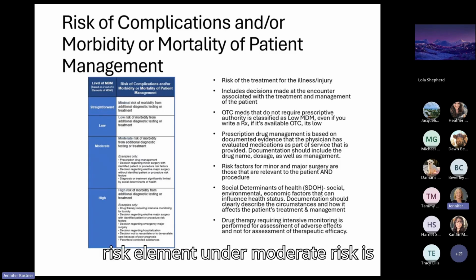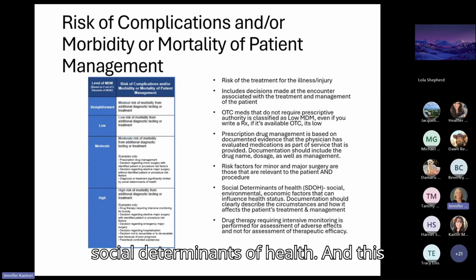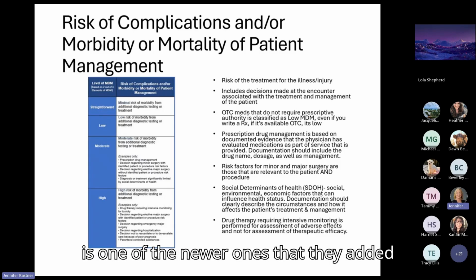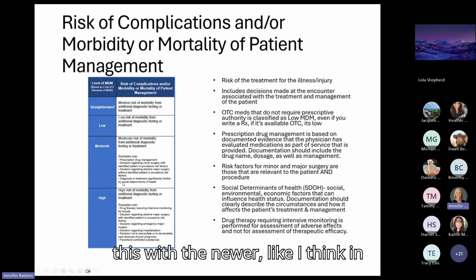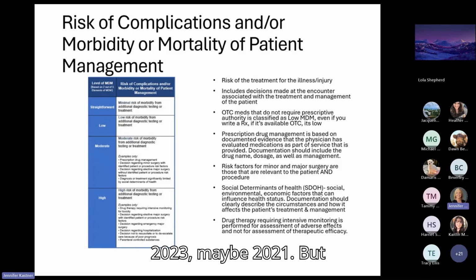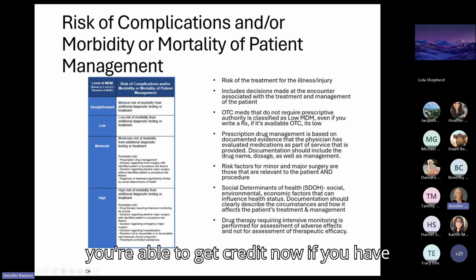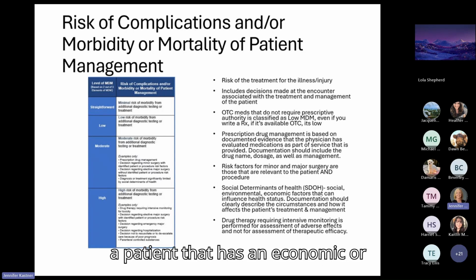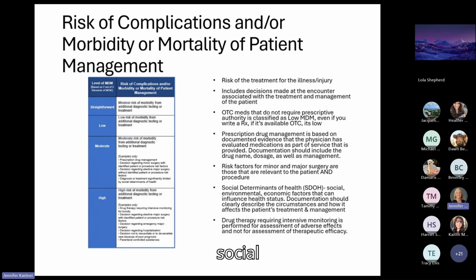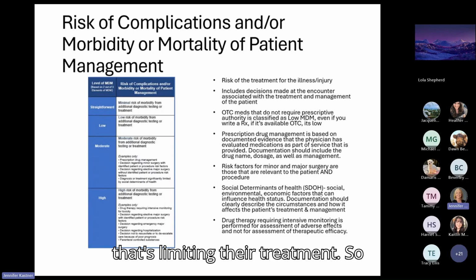So another risk element under moderate risk is social determinants of health. This is one of the newer ones that they added, I think in 2023, maybe 2021. But you're able to get credit now if you have a patient that has an economic or social issue that's limiting their treatment.